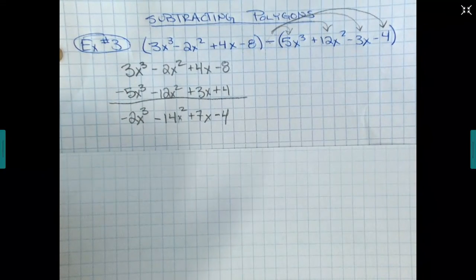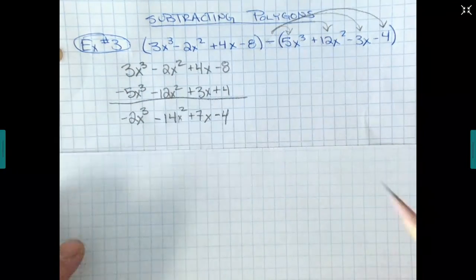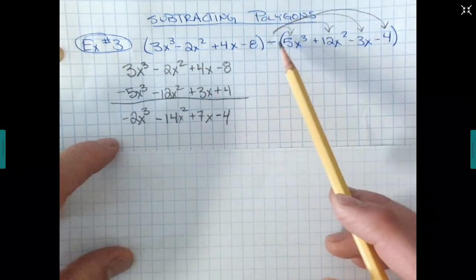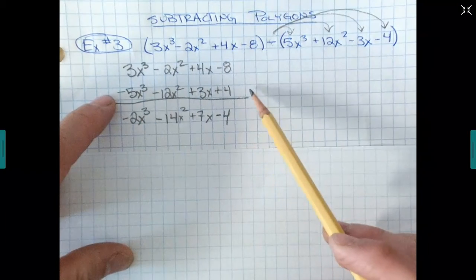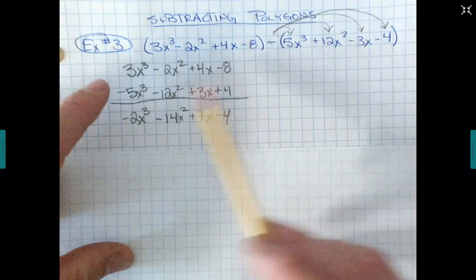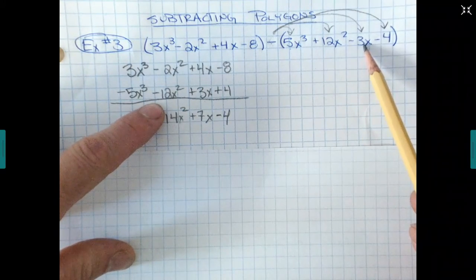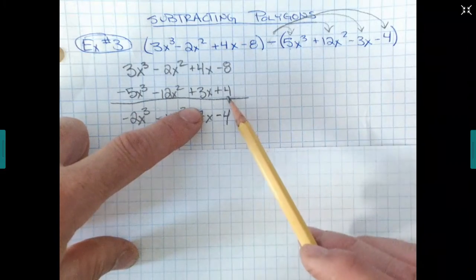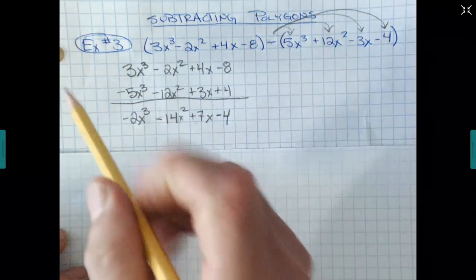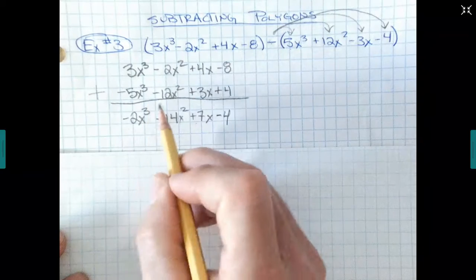There it is, and it's done. So I'm distributing the negative. Some people like to say I'm adding the opposite. So positive 5 becomes a negative 5. Positive 12 becomes a negative 12. Negative 3 becomes a positive 3. Negative 4 becomes a positive 4. So I'm just adding the negative.